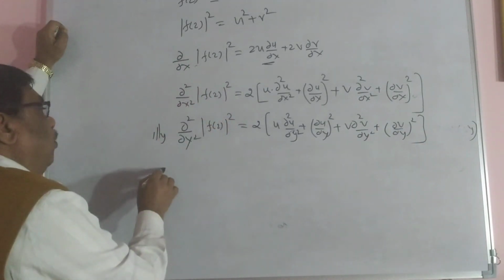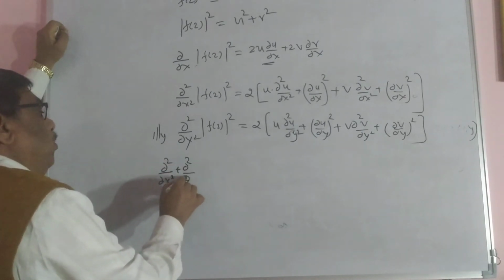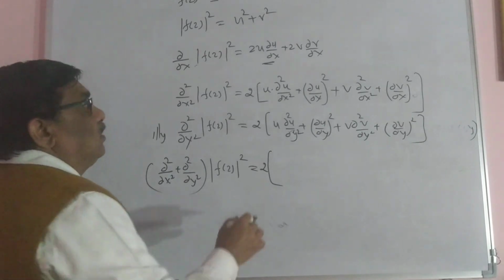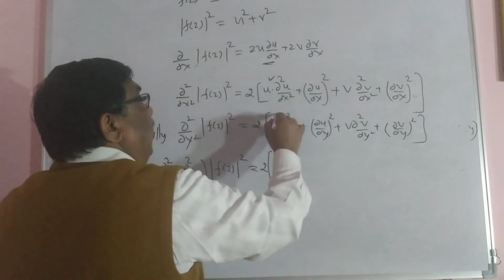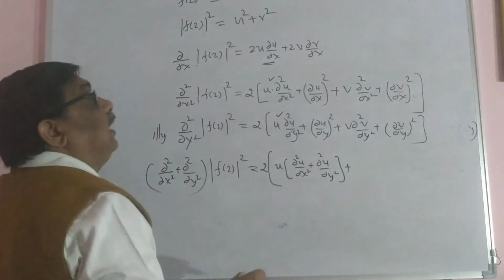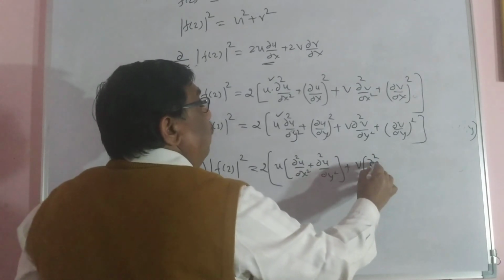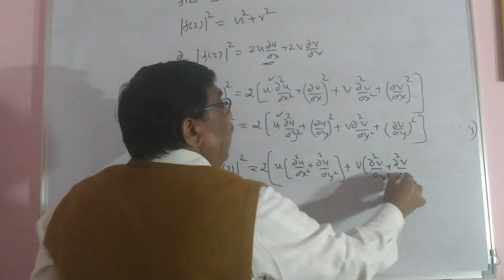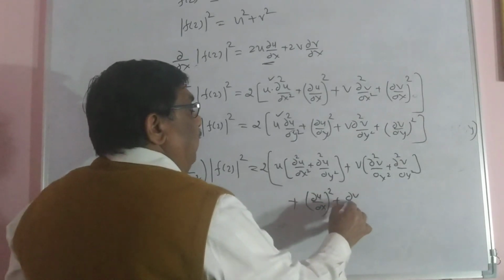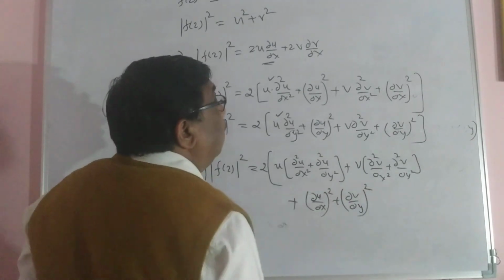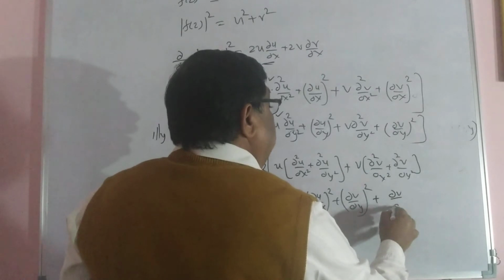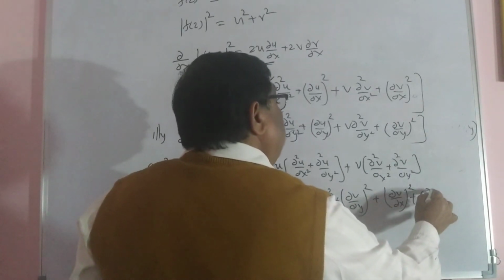Now adding these two, ∂²/∂x² plus ∂²/∂y² of modulus of f of z squared equals 2, a common factor, times u(∂²u/∂x² plus ∂²u/∂y²) plus v(∂²v/∂x² plus ∂²v/∂y²) plus (∂u/∂x)² plus (∂v/∂y)², plus (∂v/∂x)² plus (∂u/∂y)².